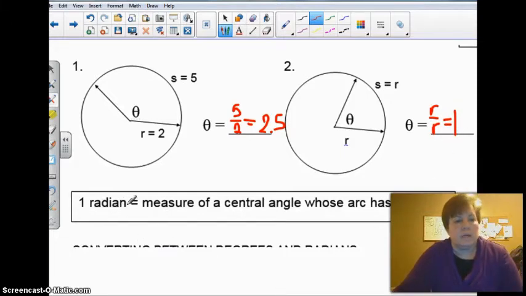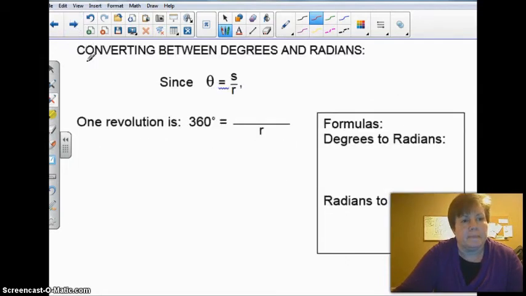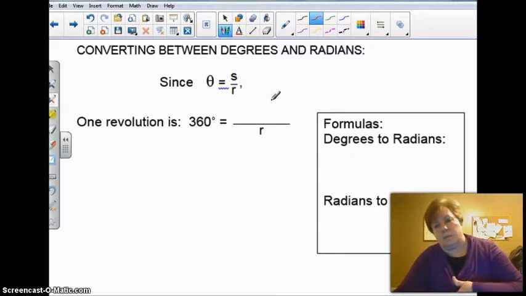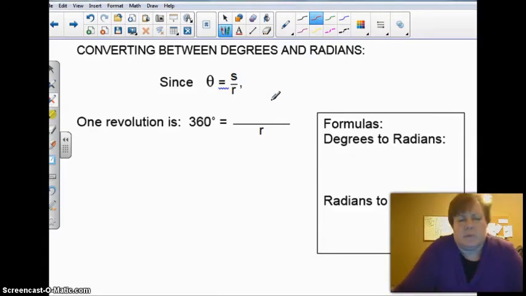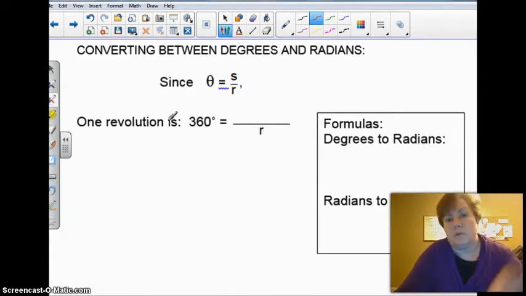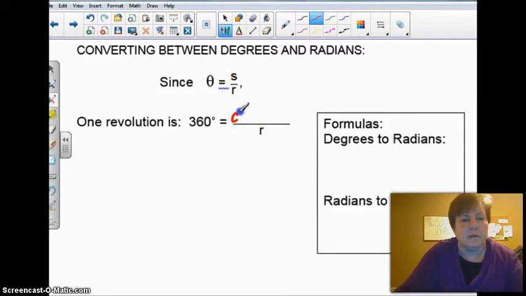So 1 radian is equal to the measure of a central angle whose arc has length R. All right, so we have to convert between degrees and radians because sometimes we need degrees, sometimes we need radians, depending on what we're doing. So we know that 360 degrees is 1 revolution. When we're talking about a revolution, we're going around the circle, which is also called the circumference.